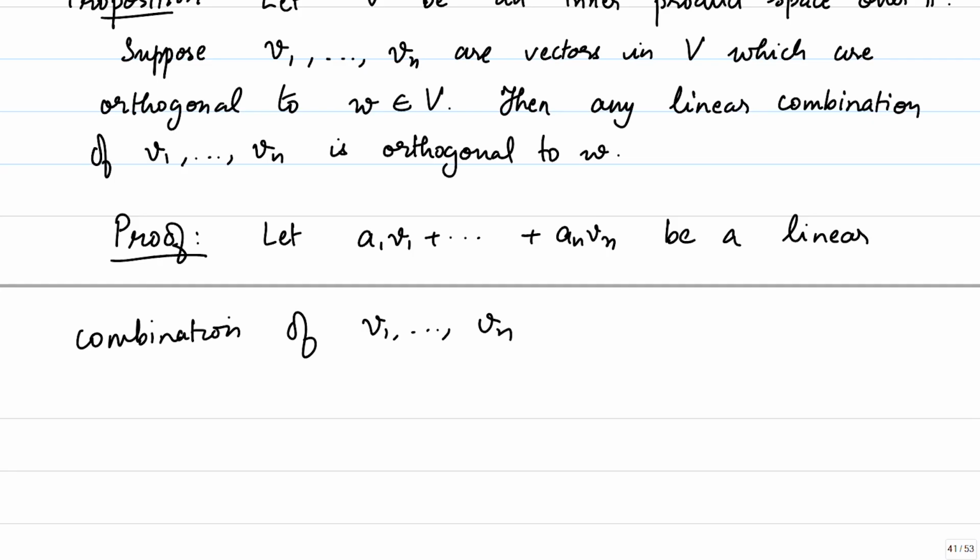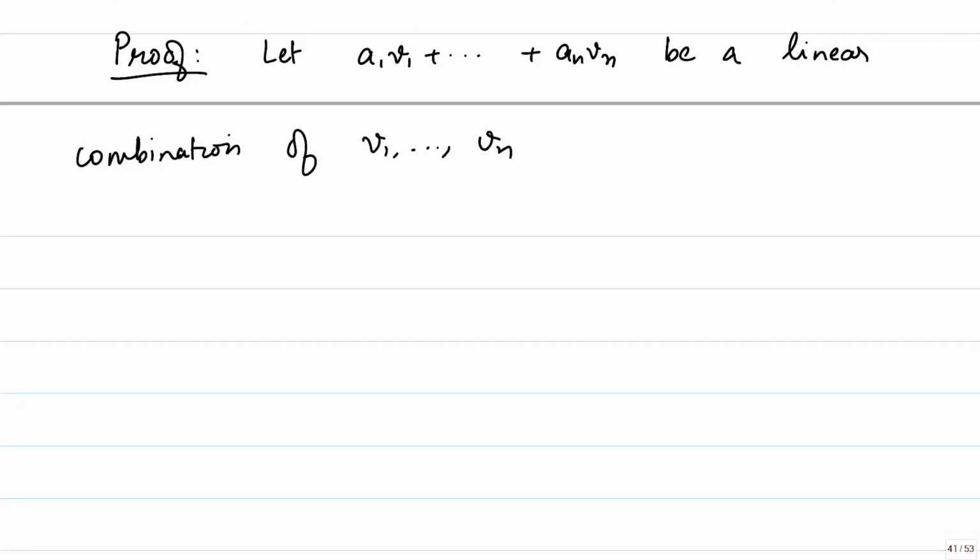If it is a complex vector space, they are some complex numbers. If it is a real vector space, they will be some real numbers. We would like to show that the vector a1 v1 up to an vn is orthogonal to w, that is, that the inner product is equal to 0.